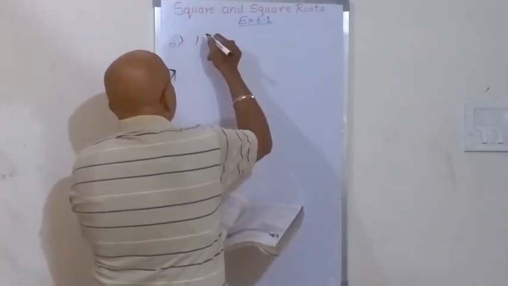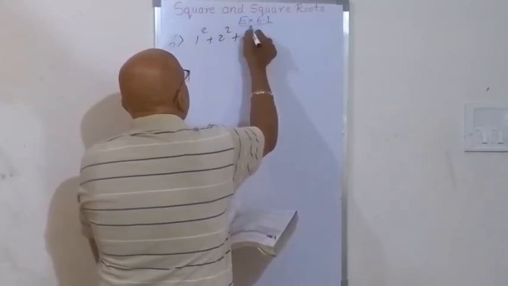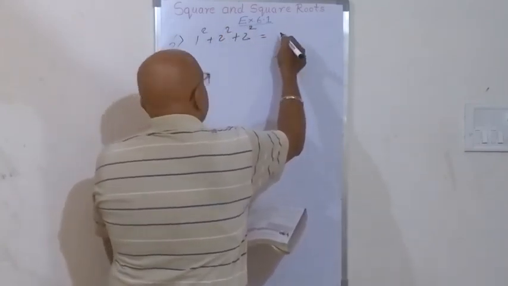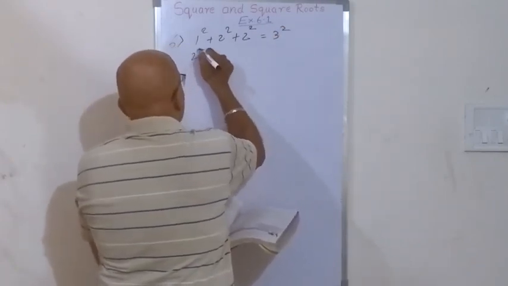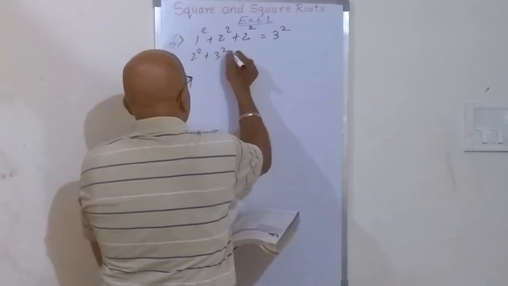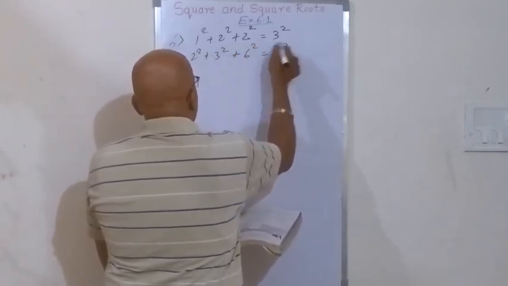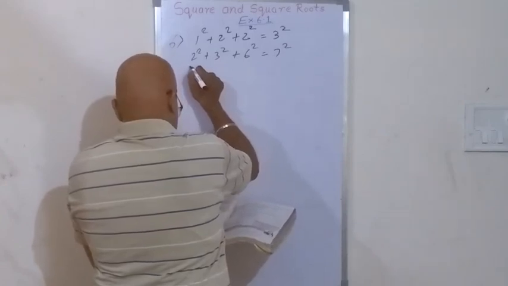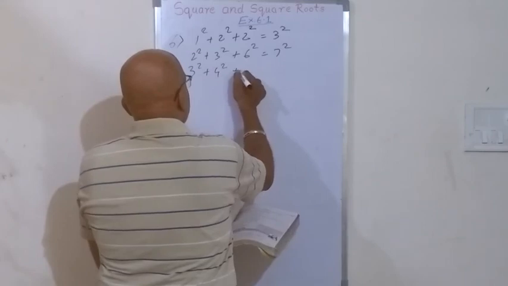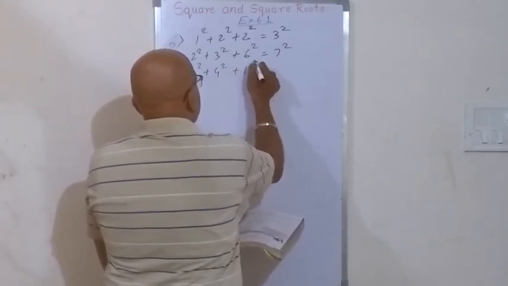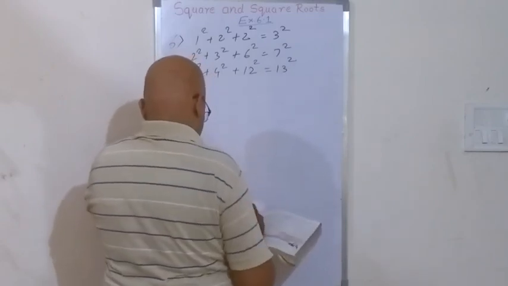Now here the pattern is: 1 square plus 2 square plus 2 square equal to 3 square. Then second is 2 square plus 3 square plus 6 square equal to 7 square. Then it is 3 square plus 4 square plus 12 square equal to 13 square. Now this is given to you.